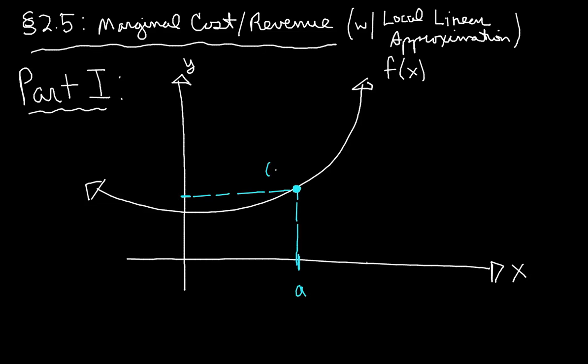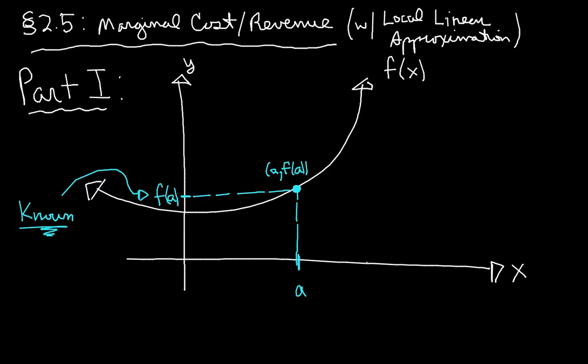It's a comma f of a. Right here on the y-axis, this is the value f of a. Again, this is known. This is something you know right in the beginning, or at least you assume you know it.